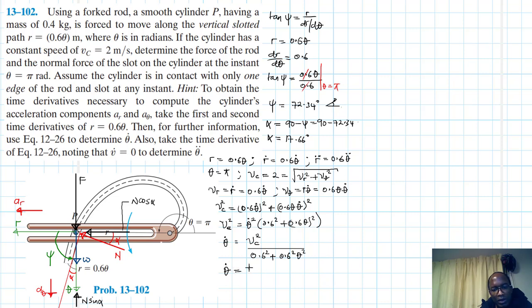We know what this is, so we'll have 2 squared divided by 0.6 squared plus 0.6 squared times pi squared.